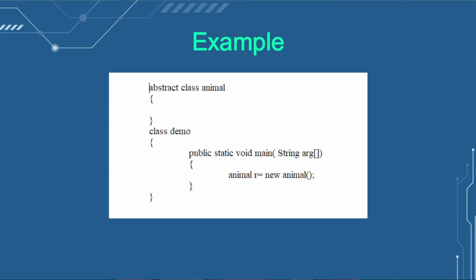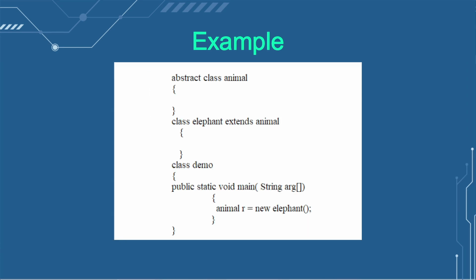We can only inherit or extend the abstract class. Let us understand with the help of an example. We have created an abstract class Animal which is called parent class, and we have also created a class Elephant which extends the abstract class Animal, and we have also created a main class Demo in which we create the object of the abstract class Animal which is a superclass.